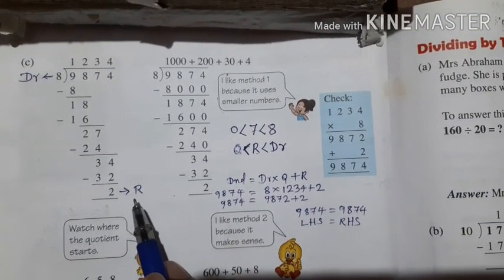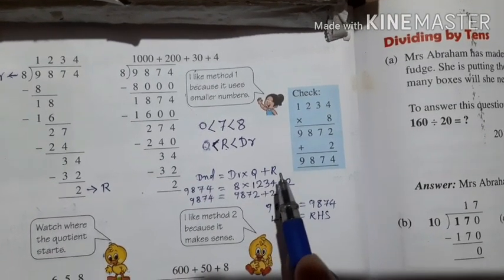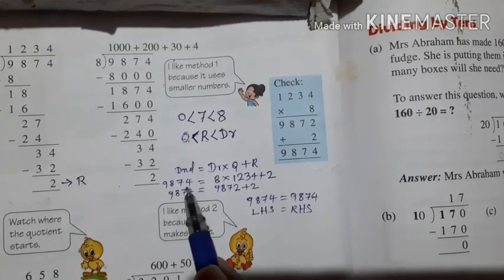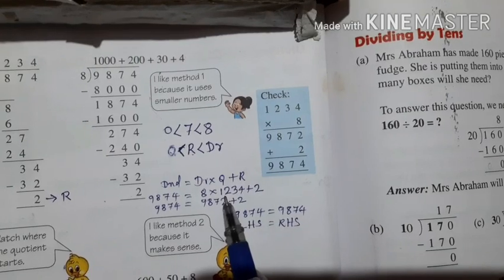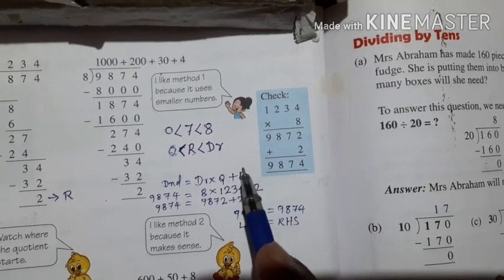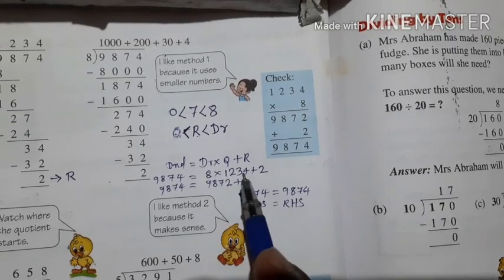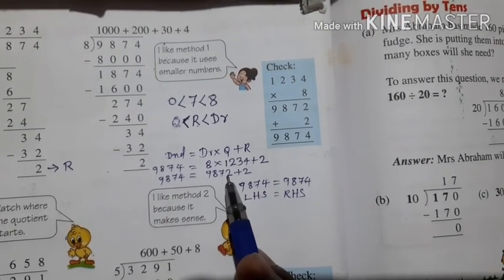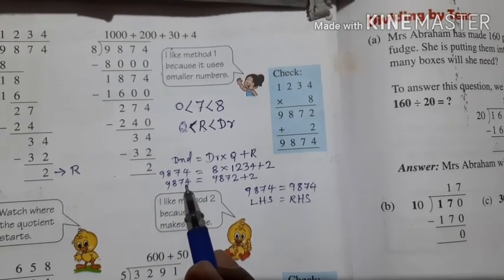Let us verify the rule: dividend is equal to divisor into quotient plus remainder. Here dividend 9,874 is equal to divisor 8 into quotient 1,234 plus remainder 2. The product of 8 into 1,234 is 9,872. Okay, but this side it is 9,874.